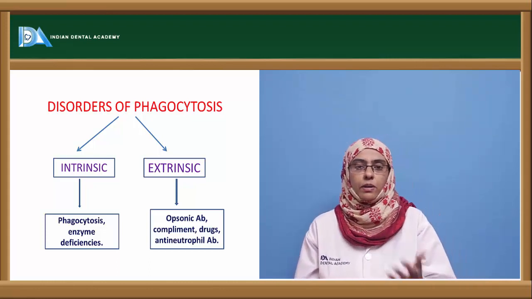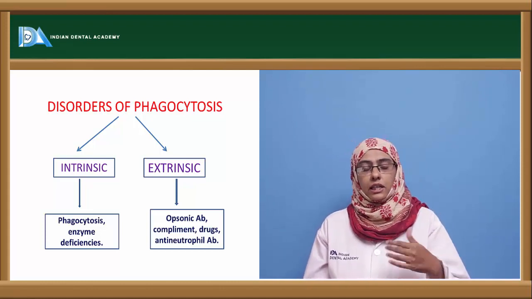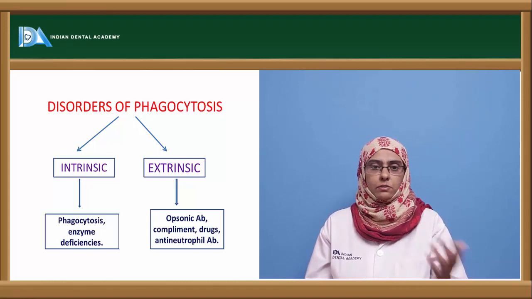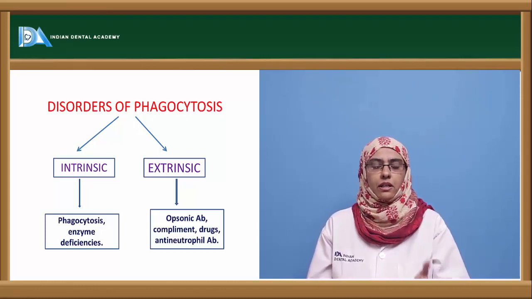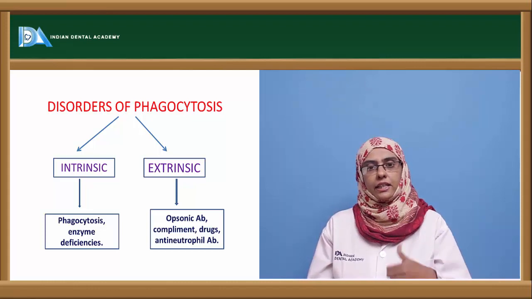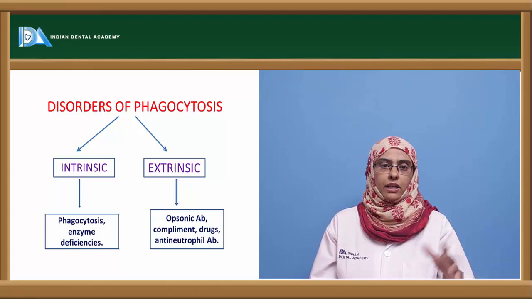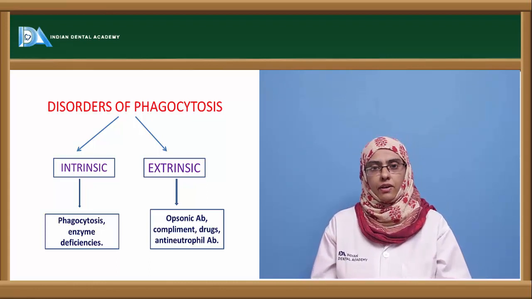The intrinsic factor involves the phagocytic cell itself, where there is a deficiency in an enzyme. In order to bring out phagocytosis, the phagocytic cells have lysosomes inside them. The lysosome is the one that degrades the antigenic molecule or the organism inside. Along with that, it carries out different mechanisms by which it can degrade the organism that has been engulfed by the phagocyte.